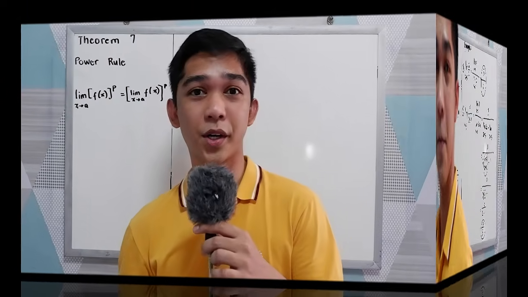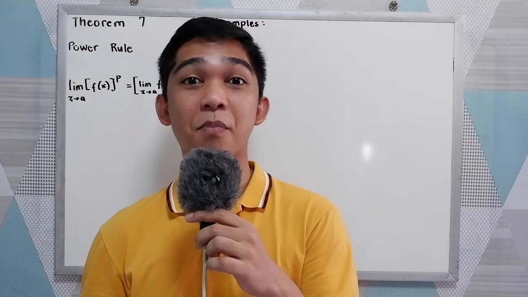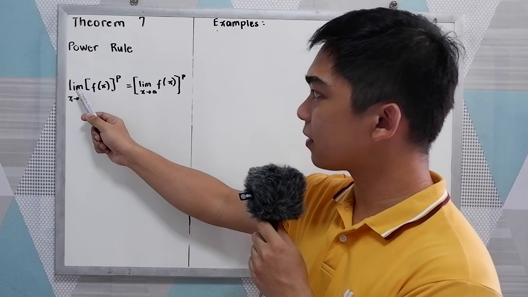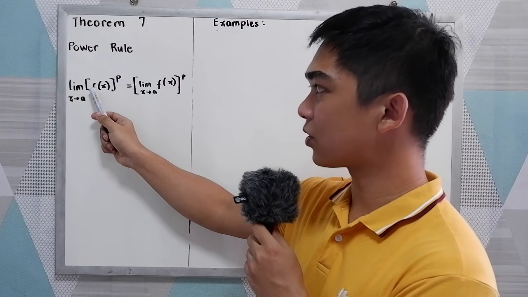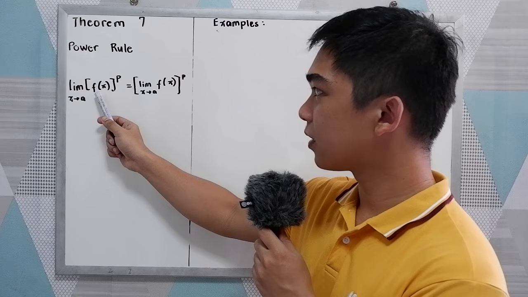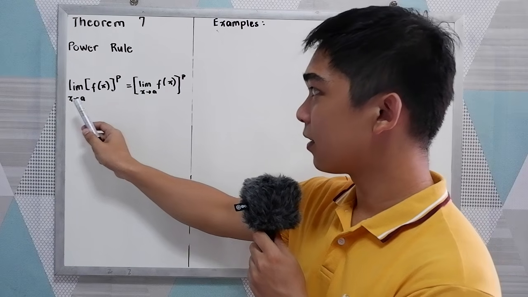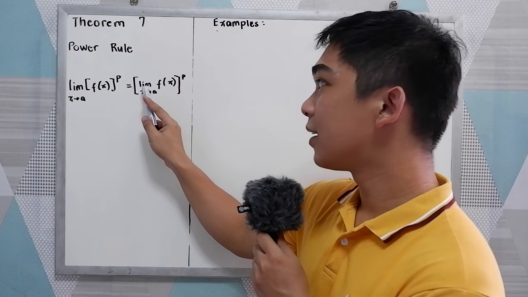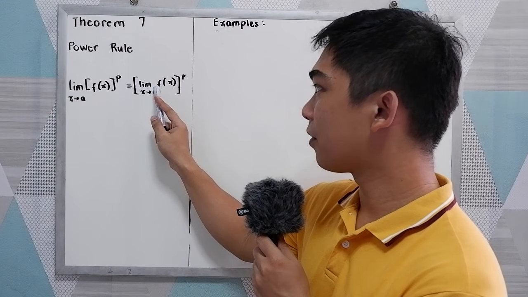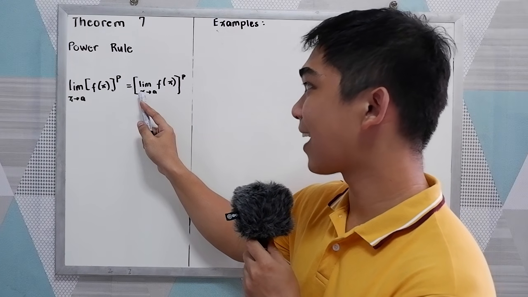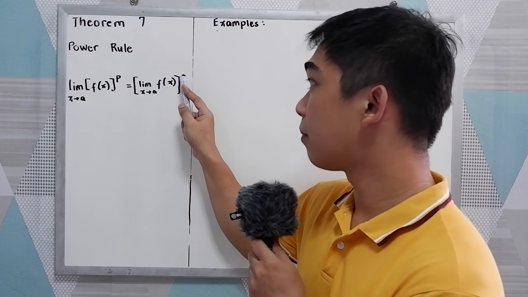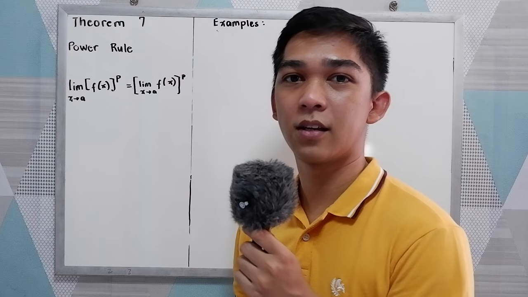Now let's have our theorem number 7, the power rule. So we have the limit of our function f of x raised to p as x approaches a, that is equal to the limit of f of x as x approaches a raised to our power or the exponent.